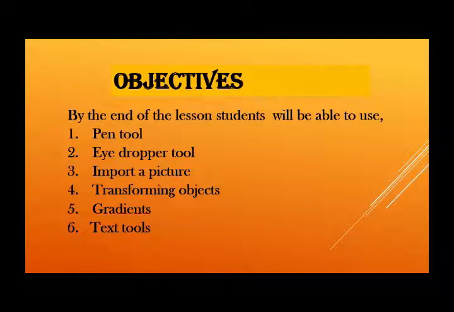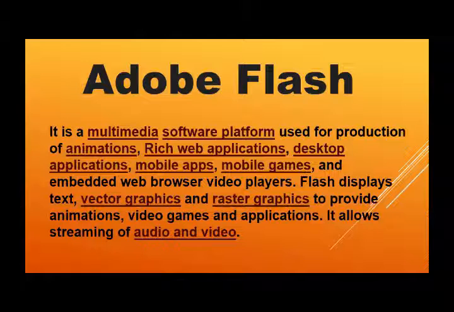Now, in class 6, you have learned about some Flash CS3 tools like the line tool, the oval tool, and the rectangle tool. In this chapter, we will discuss some advanced features of Flash. But before starting the advanced tools and the steps to use them, first I give you the introduction of Adobe Flash.